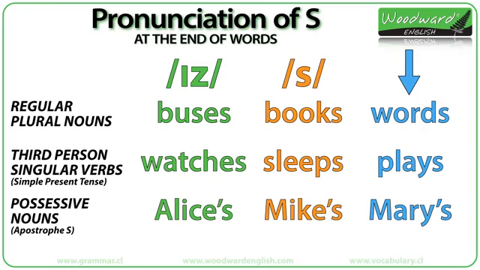Words, plays, Mary's. The S sounds like a Z, which is a buzzing Z sound. Why do we pronounce the S at the end of words in 3 different ways?